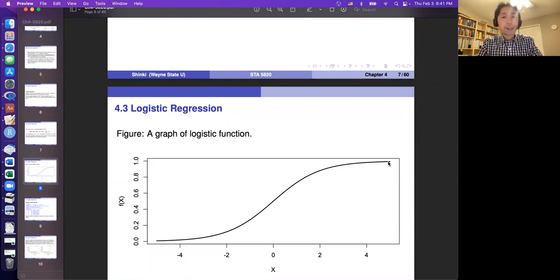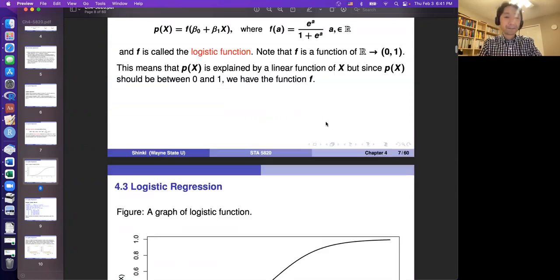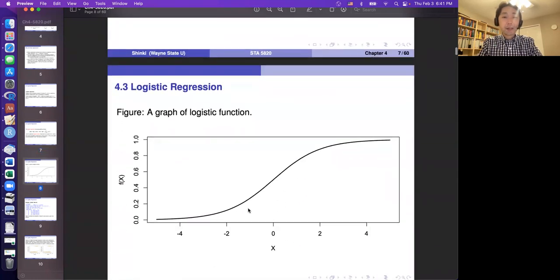But logistic regression has some good properties when we optimize the model. Finally, we have the objective function, and that becomes convex if this is a logistic function. So basically, the famous examples are this logistic curve and also the normal CDF.